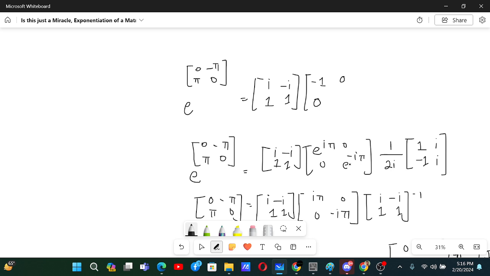Cos minus pi. But wait a second, what is it? So cos minus pi plus i sine minus pi, is that? Okay, now for sine of minus pi. Cos pi is minus 1, and then minus i sine pi. Can I do it like that?